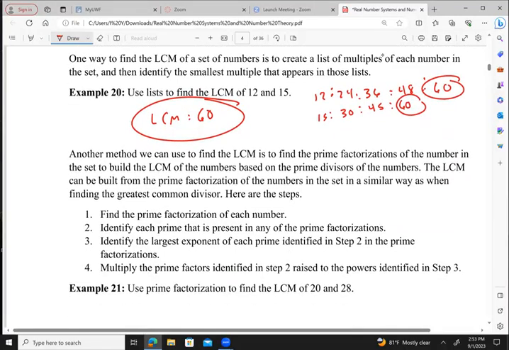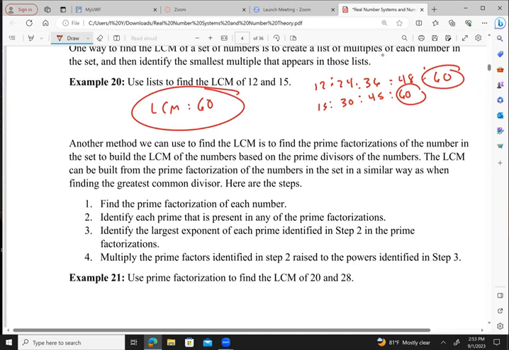Another method we can use to find the least common multiple is to find the prime factorization of the numbers in the set to build the least common multiple based on the prime divisors of the numbers. The LCM can be built from prime factorization of the numbers in a set in a similar way as when finding the greatest common divisor.